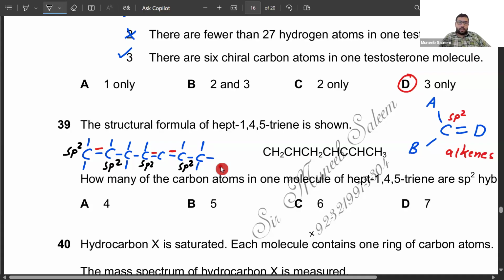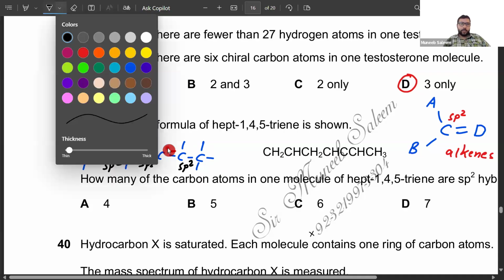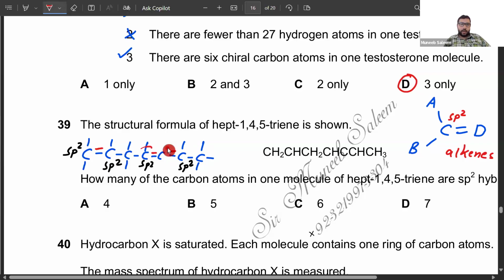Now there is a situation about this carbon. What should we say about this carbon, which has 2 double covalent bonds on either side? That means it is actually not sp2. It is not sp2 because this carbon is bonded with only 2 more atoms. It has 1 atom on the left side and another atom on the right side. So it is not fulfilling the condition which we required over here, having 3 different atoms bonded with a central carbon.